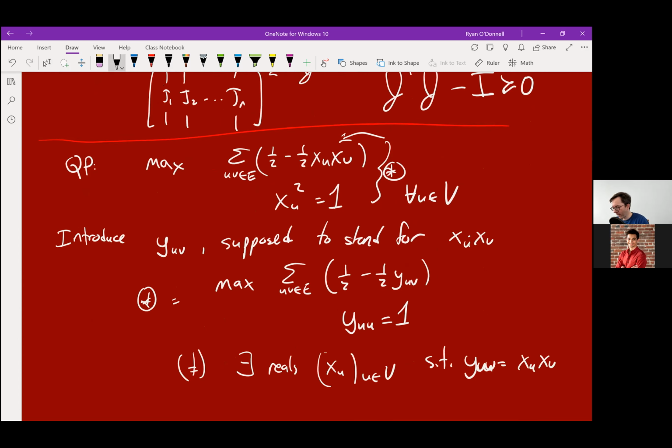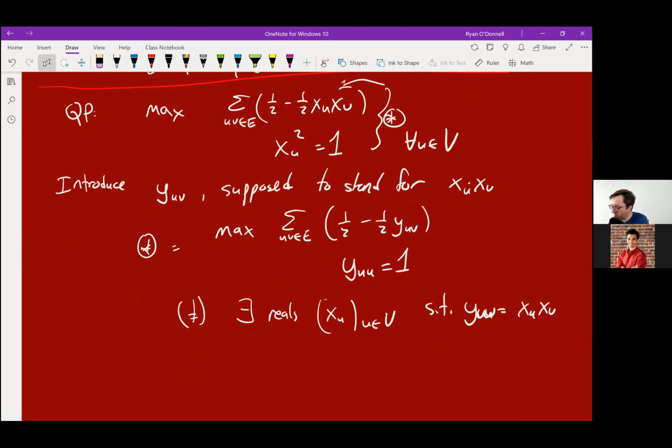Right, that makes sense. And this was not a tractable condition, so we relaxed this to this semi-definite programming condition, this PSD condition, that the matrix Y formed by the y_uv's is PSD.